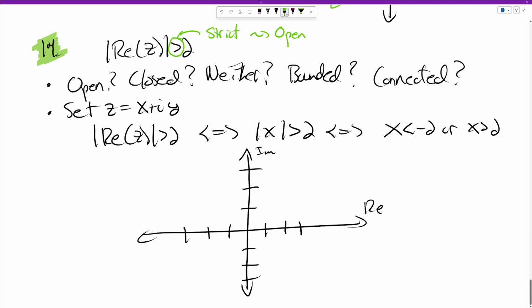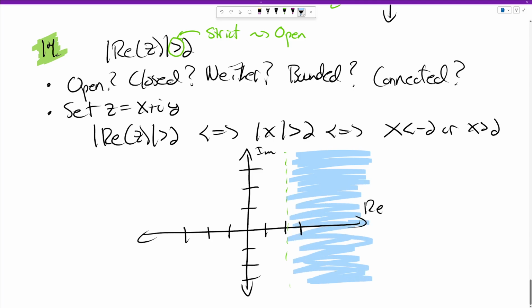So here's 2, here's negative 2. We're not allowed to be equal to 2 or negative 2, right? So all points in the plane where the x-coordinate exceeds 2 is going to be to the right of this dotted line. So this guy here is the collection where the real part of z is bigger than 2.